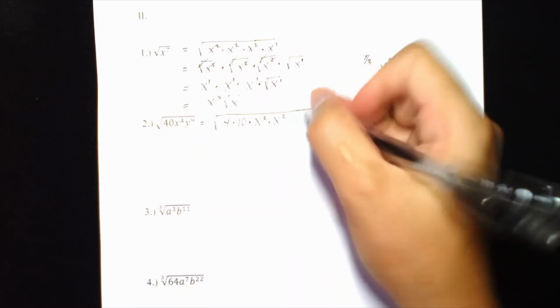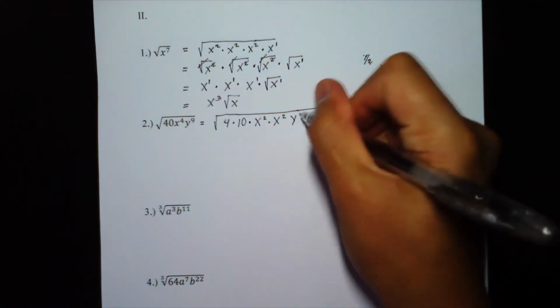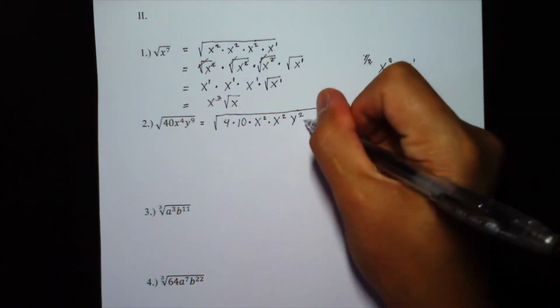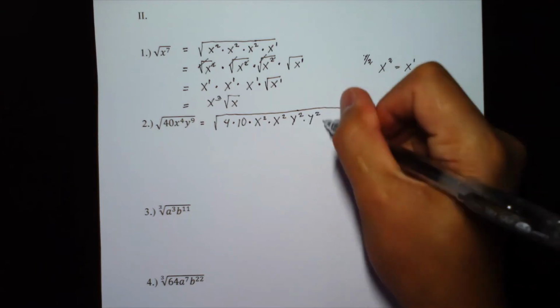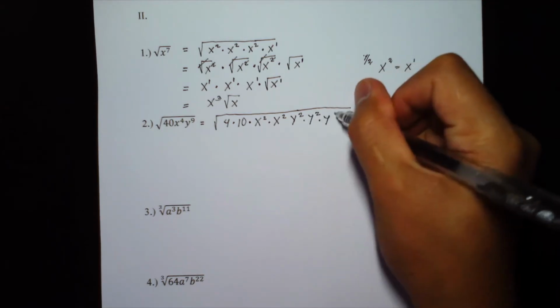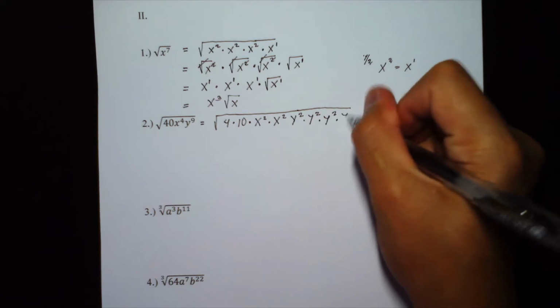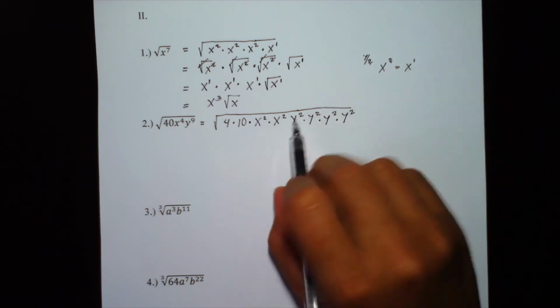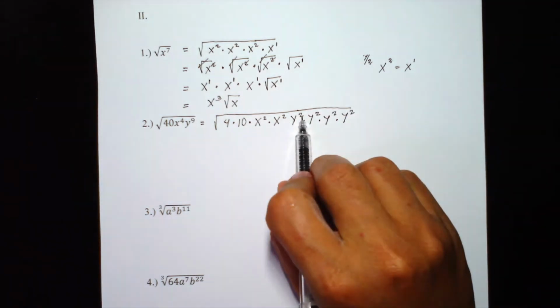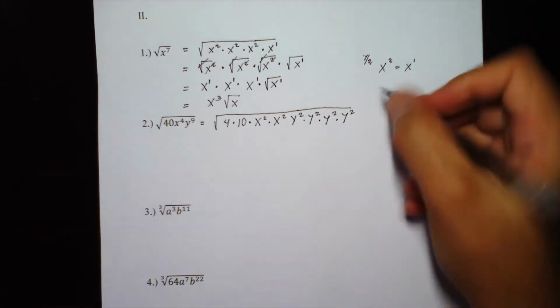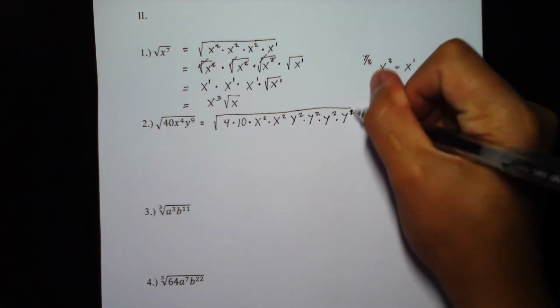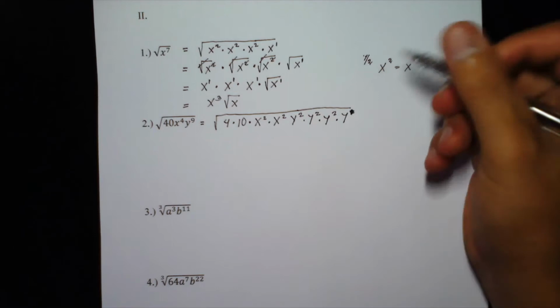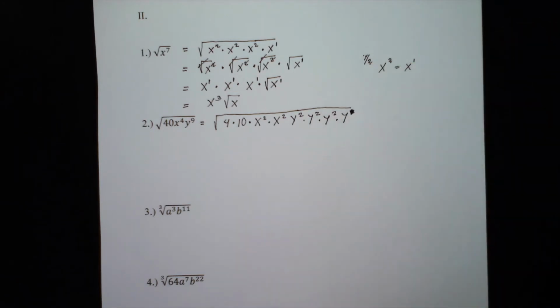So we have y raised to 2, y raised to 2, y raised to 2, multiplied by y raised to 2. So since we have 2, 4, 6, 8, there's only one left. We remove the square. Okay, so that is now the factor of y raised to 9.